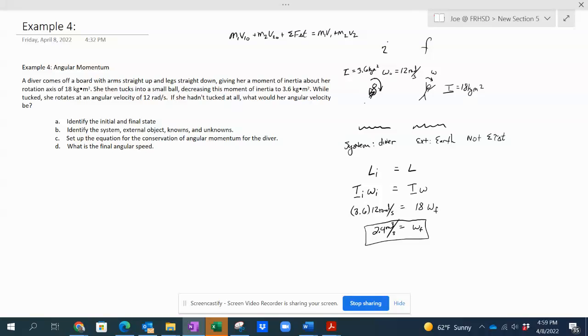You're just taking the mass of the person and spreading it further away from the axis of rotation. That will constitute a change in rotational inertia, which in turn changes the angular velocity. And we can use conservation of momentum to find this answer out.